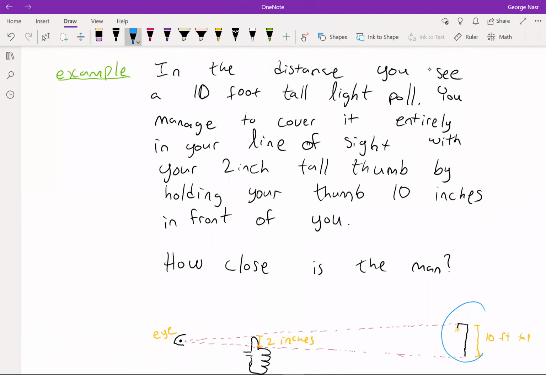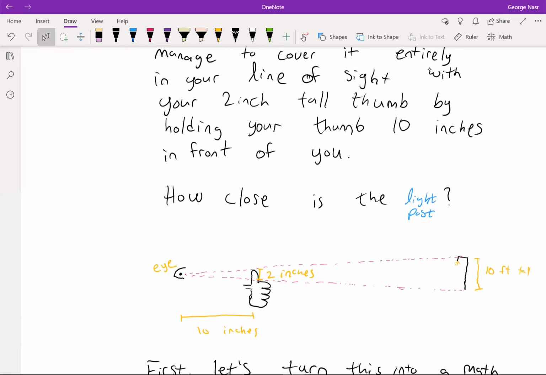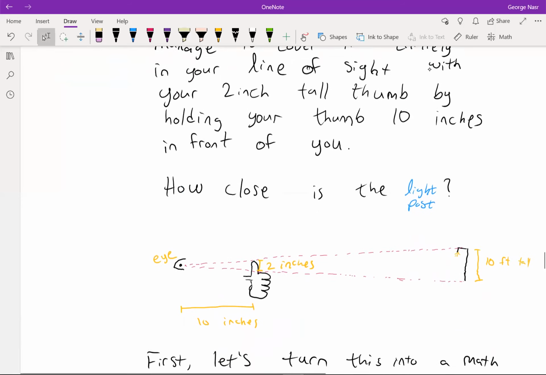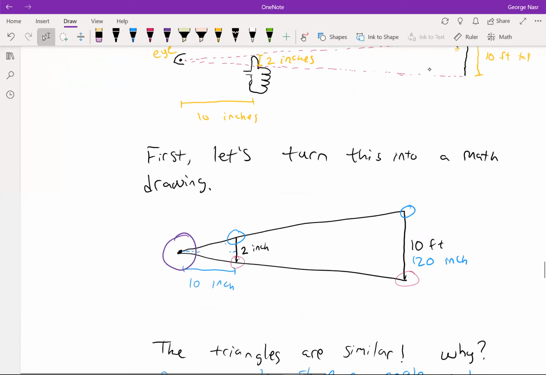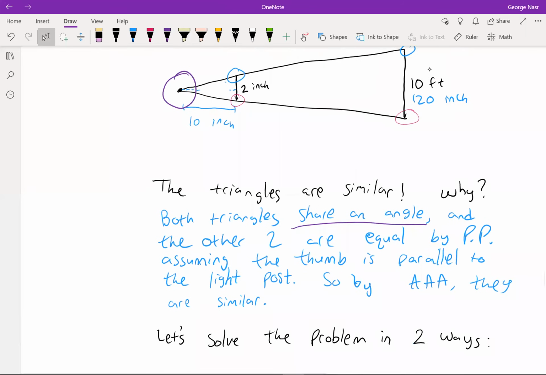Originally, this was a man, not a light post. This is supposed to be the light post. I was not making the assumption that you are any particular person. Sorry about that. Okay, so how close is the light post?